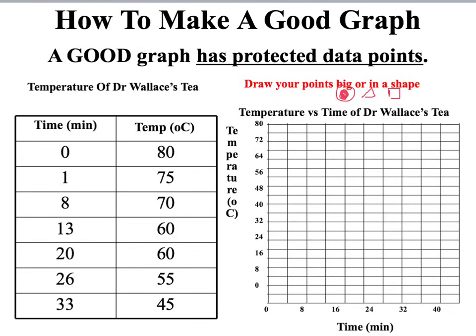At time 0, the temperature of the tea is 80 degrees. 1 minute later, the temperature drops down to 75 degrees, which is about here. At 8 minutes, the temperature is 70 degrees.